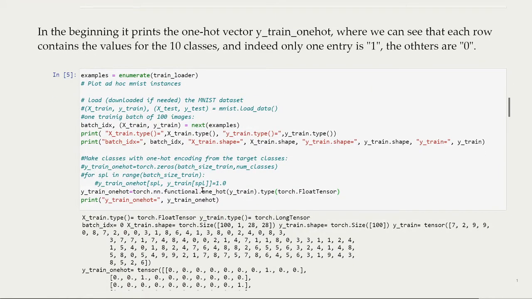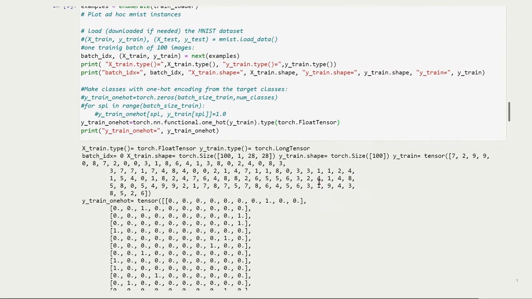We are using the one hot function and converting the target to the one hot format. Here we see the original target, 7 2 9 9 0 8, and then here is the one hot format. The first is equivalent to 7, so 0, 1, 2, 3, 4, 5, 6, 7, and there is a 1 at that position.